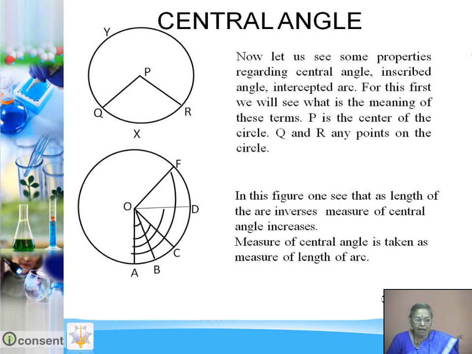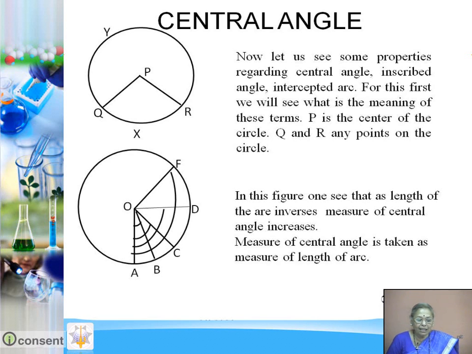If the measure of angle QPR is 70 degrees, then the measure of arc QXR is also 70 degrees. Now you will see that the other arc will have measure 360 minus 70.